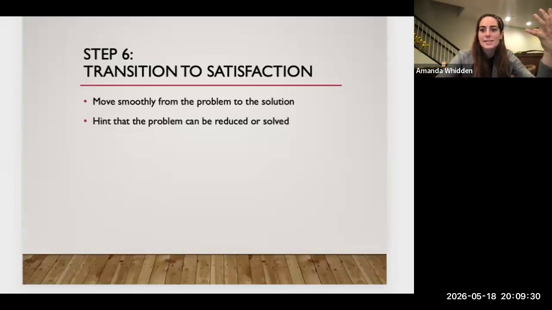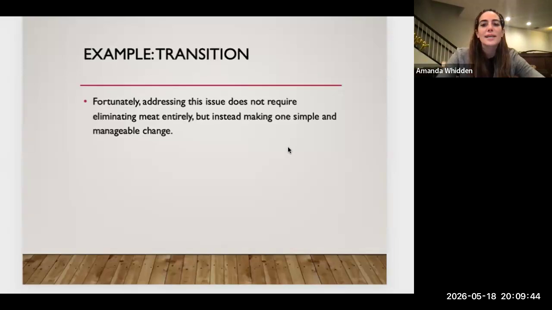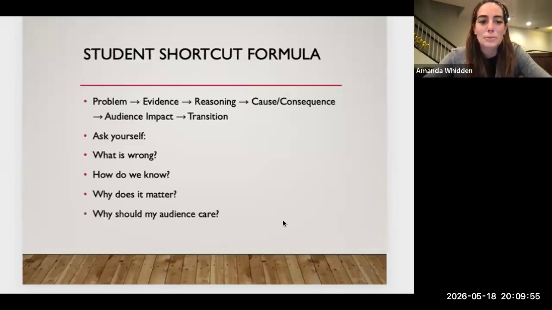It acknowledges the seriousness of the problem, and then it also starts to introduce the idea that a realistic solution, in fact, does exist. And guess what? There is hope coming. So, for example, something like, fortunately, addressing this issue does not require eliminating meat entirely, but instead making one simple and manageable change. And so, in this case, we know that this action is going to be manageable and, in fact, be done by the audience that you are addressing.